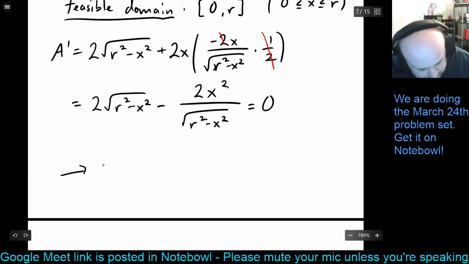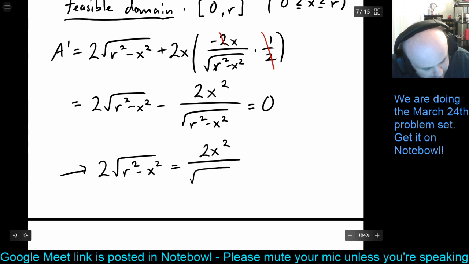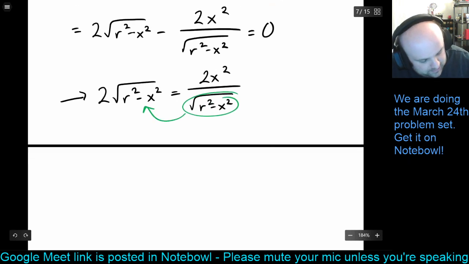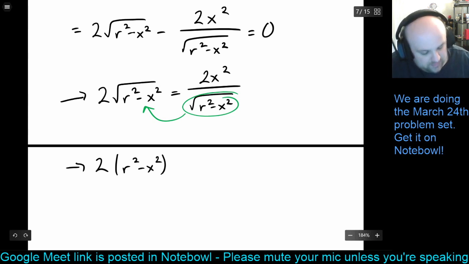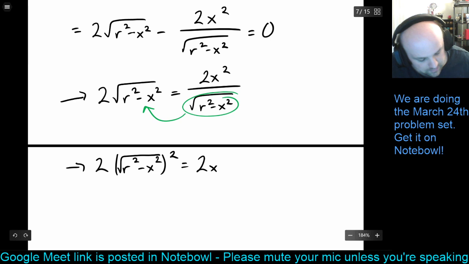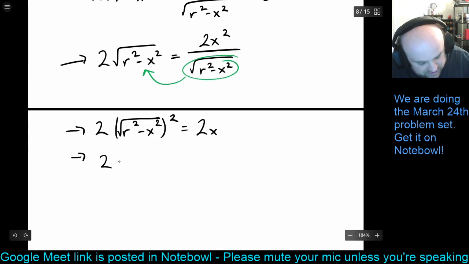So we get 2 square root r squared minus x squared equals 2x squared over r squared minus x squared. We're going to take this denominator and multiply it to the left side. So this is 2 times r squared minus x squared equals 2x squared.